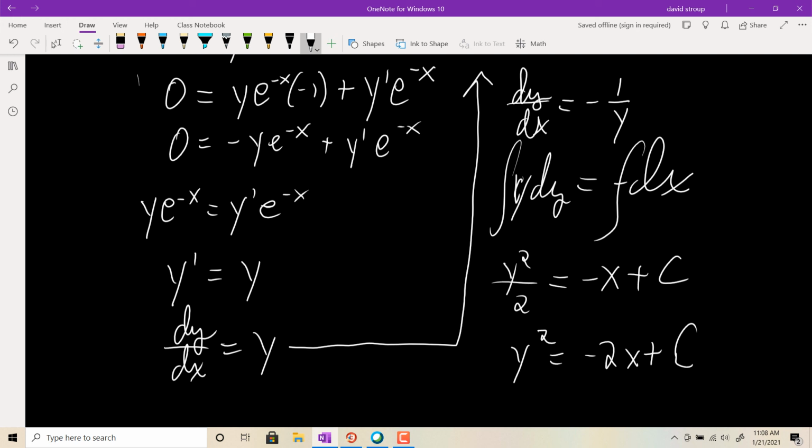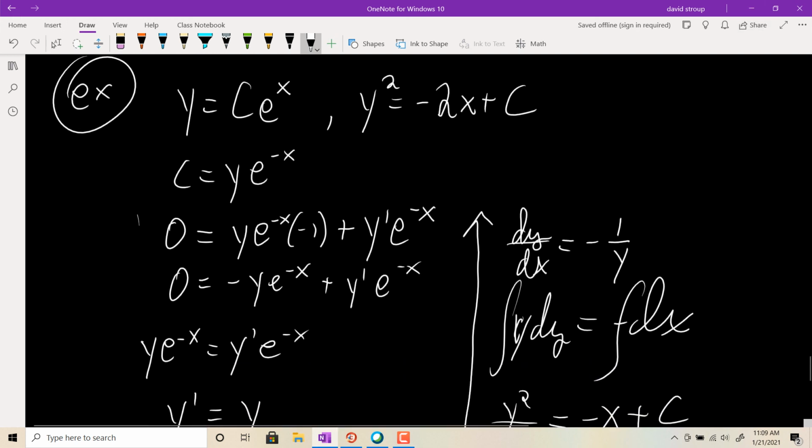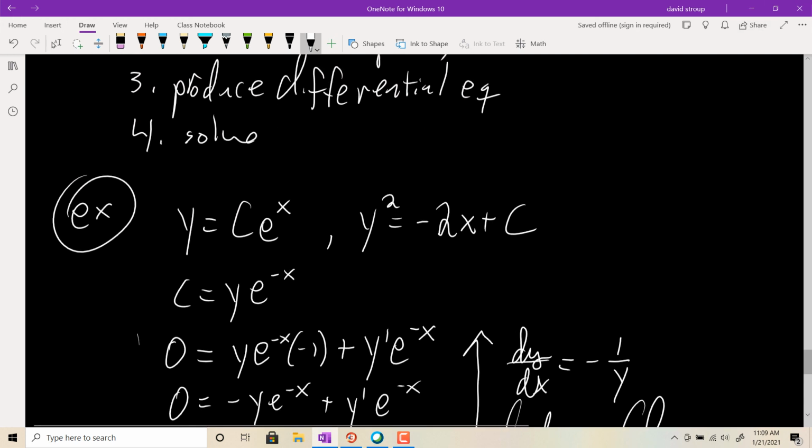So that is a family that is going to be orthogonal to the given family. So y squared equals negative 2x plus c.